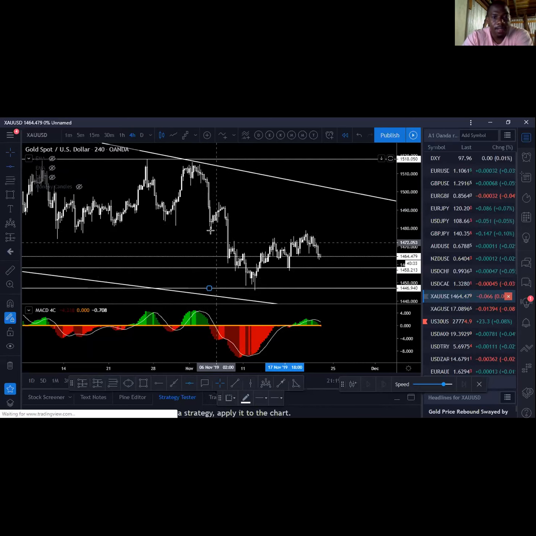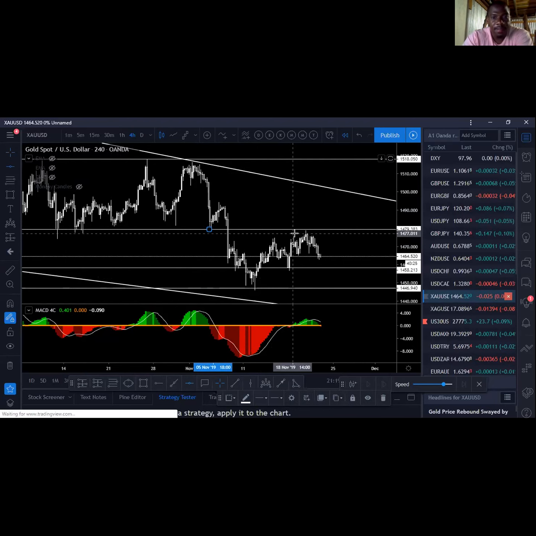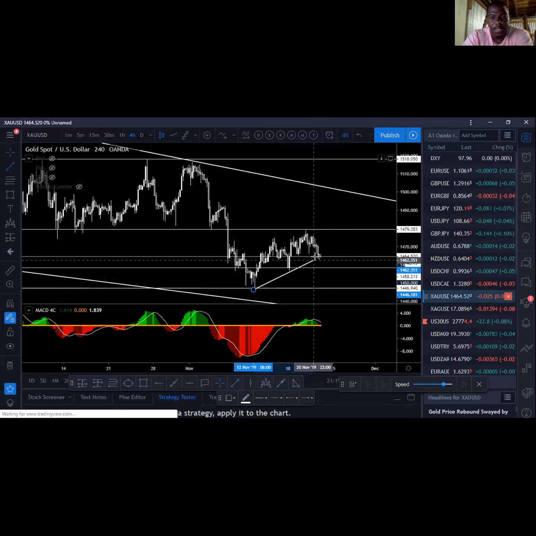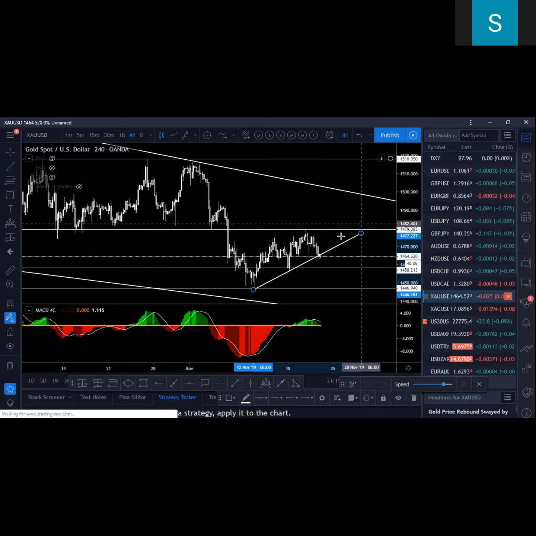Right here, I got a nice swing point, and you can see the wicks coming to respect this swing point. In the past and in the future, price comes and turns at this swing point. If I draw a trend line now, I could start from this low, the same thing we did with NZDUSD, and draw a nice trend line.